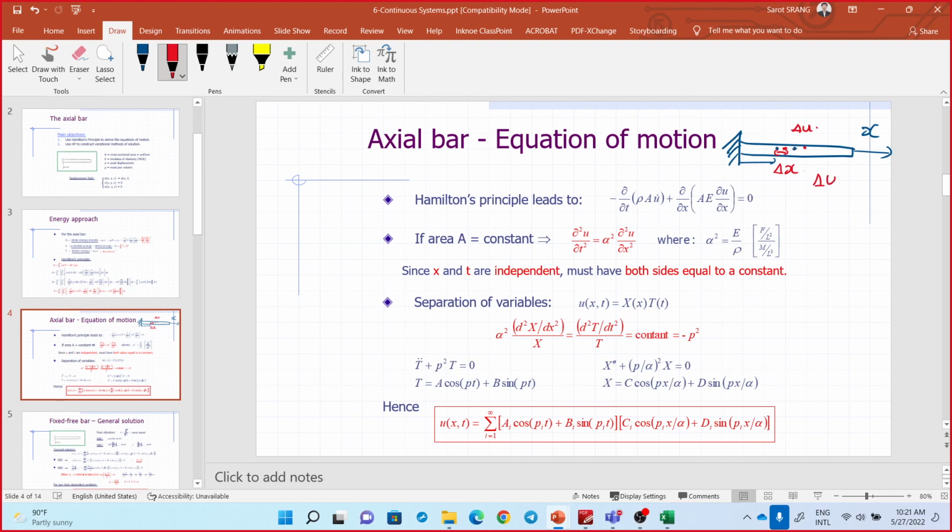Then delta U over delta H is called strain when we take delta H approaching 0.